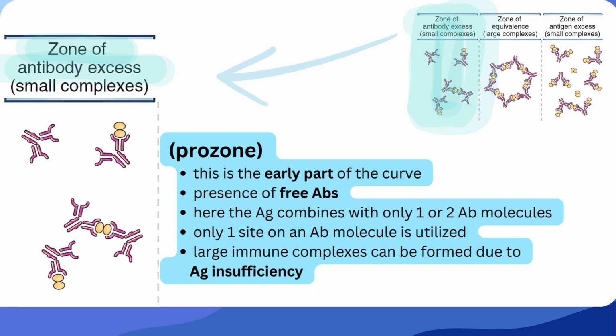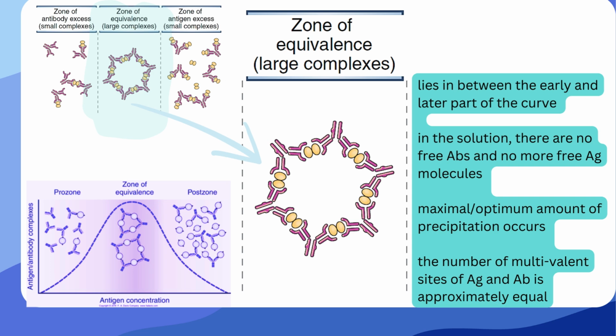Here, the antigen combines with only one to two antibody molecules, and only one site of an antibody molecule is being used, and large immune complexes cannot be formed due to antigen insufficiency because we've got too many antibodies. Here, antigens are insufficient in number. That's the prozone.